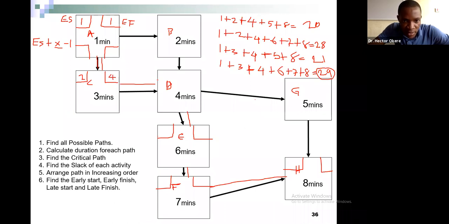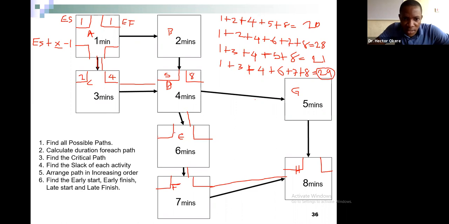Next, the early start is 4 plus 1, 5. 5 plus 4, 9, minus 1 is 8. Correct?